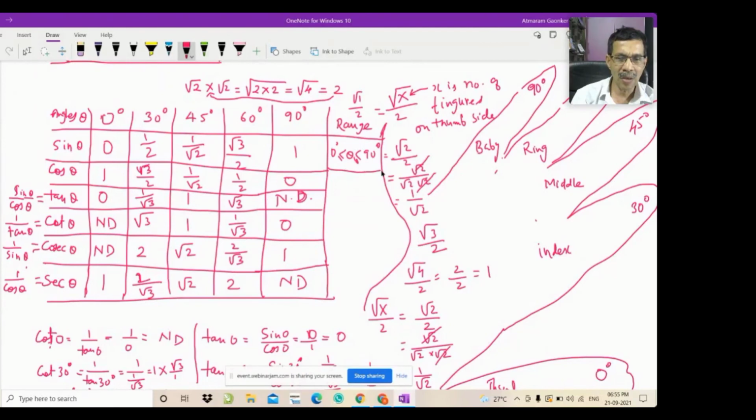So that is the first case. Again, same thing for cosine, because cos of 0 is 1 and cos of 90 is 0. So cos is defined for all angles greater than or equal to 0 degrees and less than or equal to 90 degrees.